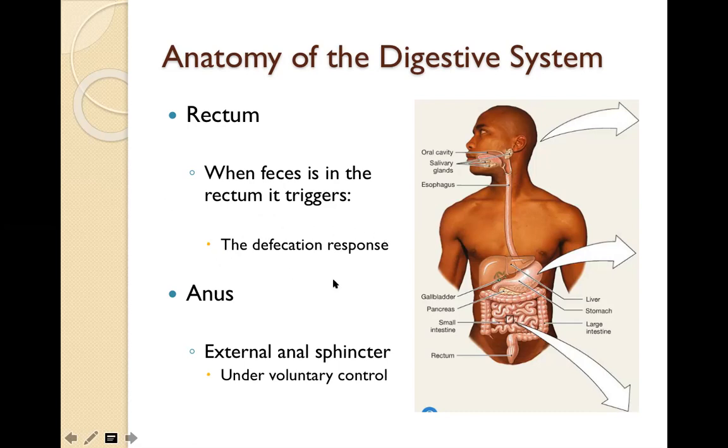When that response is initiated, the feces passes through the anus, and there is a sphincter called the external anal sphincter that will relax and allow feces to be eliminated from the body. This external anal sphincter is under voluntary control, which is a rather good thing for social norms. And so that's the end of the tube section of our digestive system.